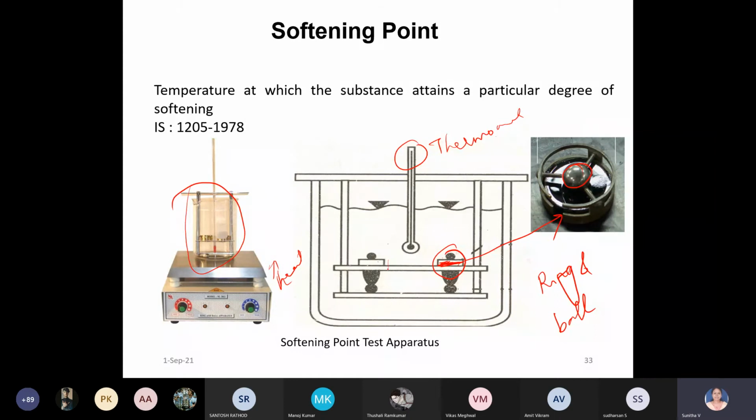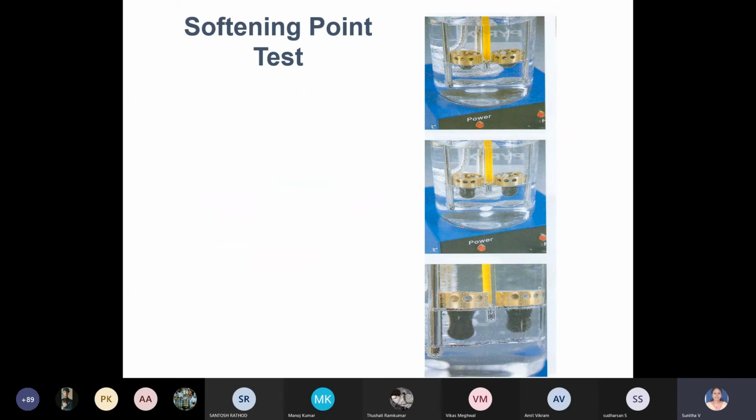If you are heating, it will lose its consistency and start coming down, and there's a bar there, it will touch here. So whenever this ball along with the bitumen touches this bar, that temperature is noted as the softening point. Okay, I'll show you in the picture. So this is the first one.